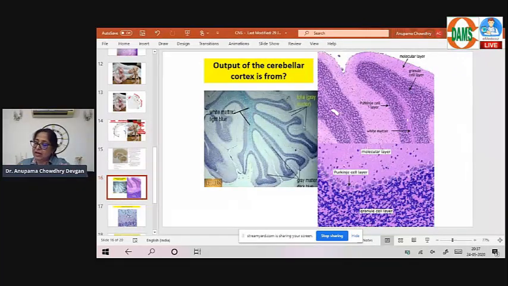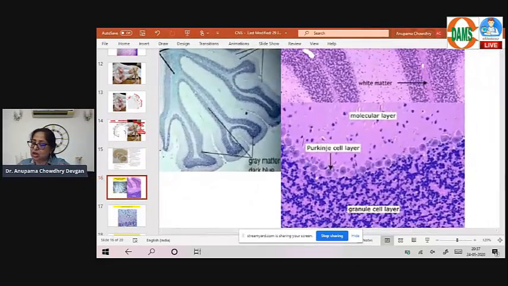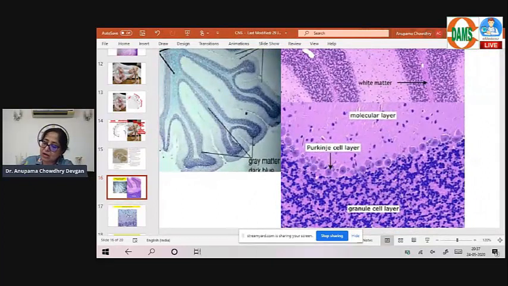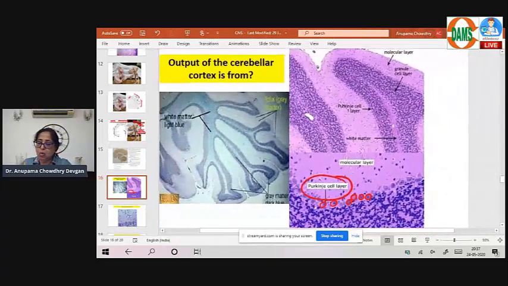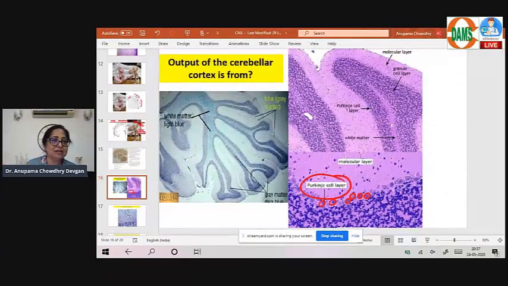These are very large cells which are present in the cortex, which are called the Purkinje cells. If you can make this out, these are large cells. The question you were asked was, what is the output of the cerebellar cortex? Your answer is Purkinje cell.